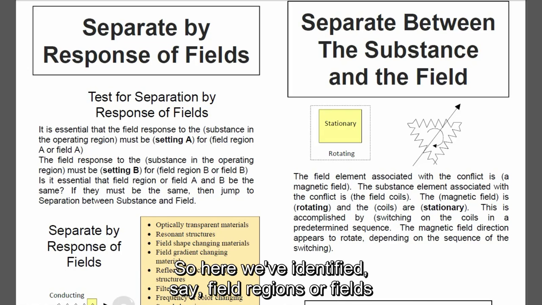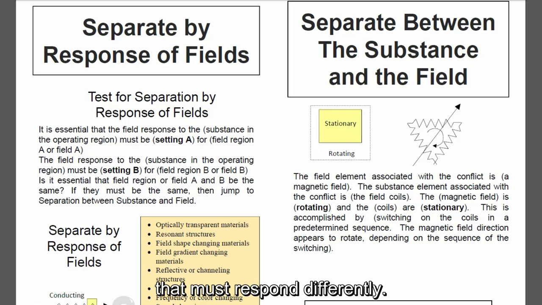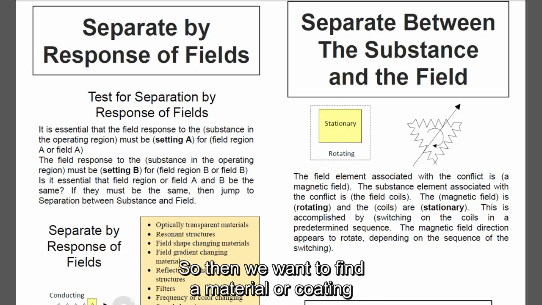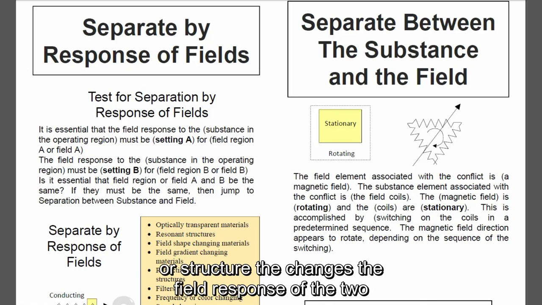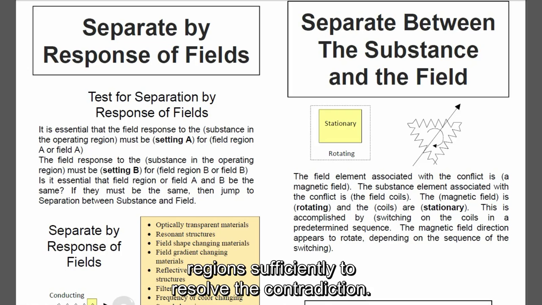So here we've identified, say, field regions or fields that must respond differently. So then we want to find a material or a coating or a structure that changes the field response of the two regions sufficiently to resolve the contradiction.